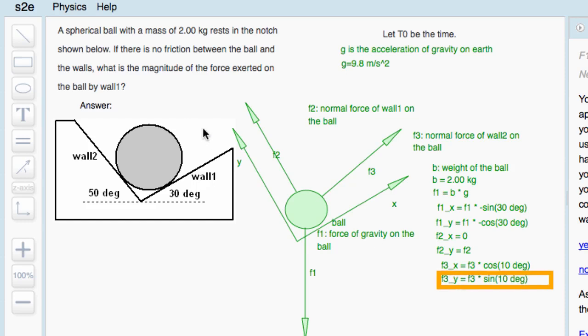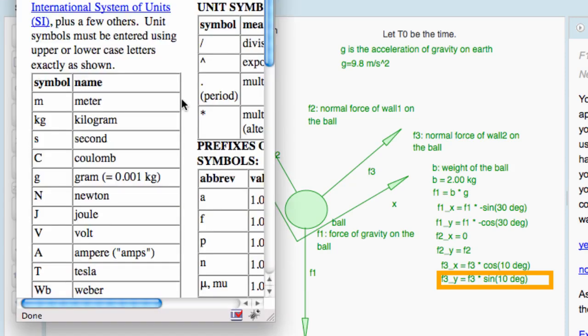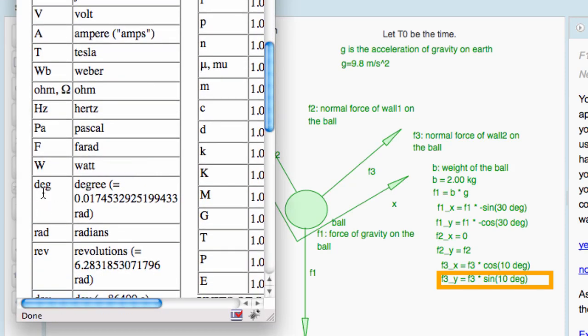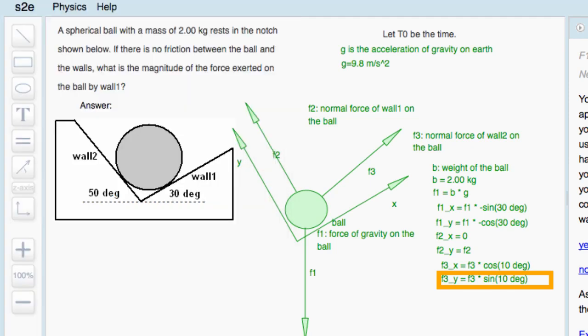And again, if you forgot to use degrees as the units, we have units up here. Just click on here and I come down, and here DEG is for degree. So now I have all of my x and y components.